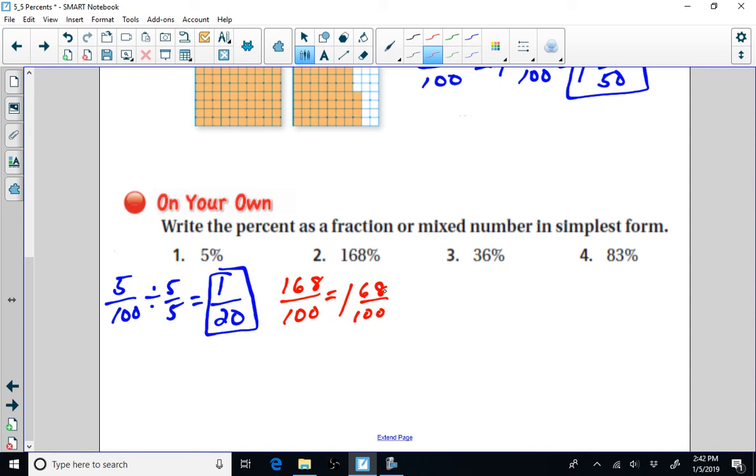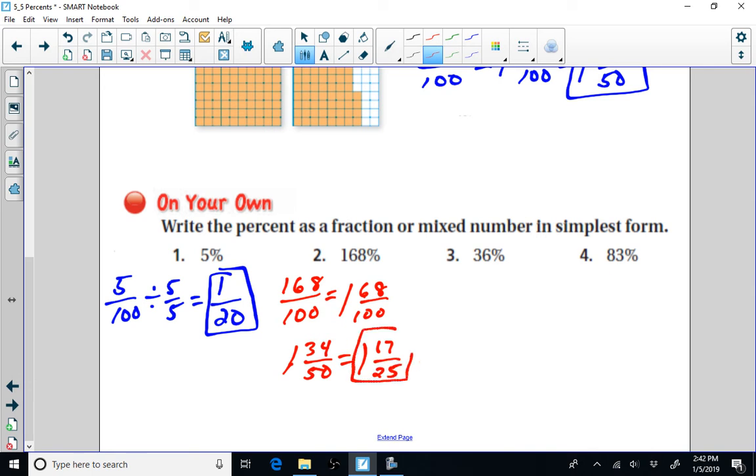And then I want to simplify 68 over 100. Well, it looks like I can divide by 2 over 2. So that's going to be 1 and 34 over 50. But I can still simplify 34 over 50 by 2. So that's going to be 1 and 17 over 25.